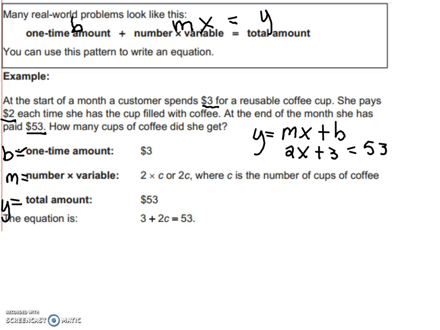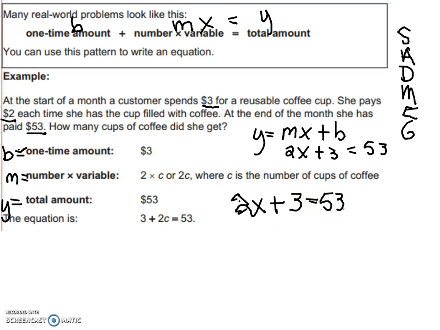All right, if I was going to solve this, I would use the order of operations in reverse. So my strategy is SADMEG. So I have 2x plus 3 equals 53. I look for any addition and subtraction first. So the opposite or the inverse of plus 3 is minus 3.